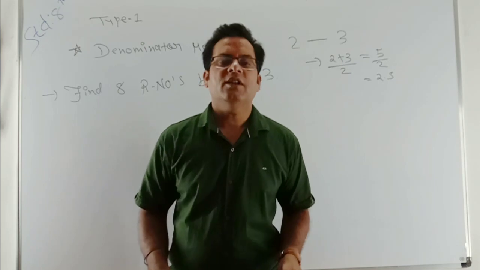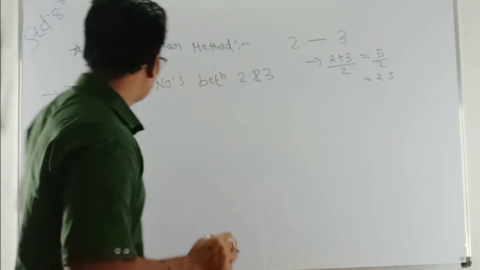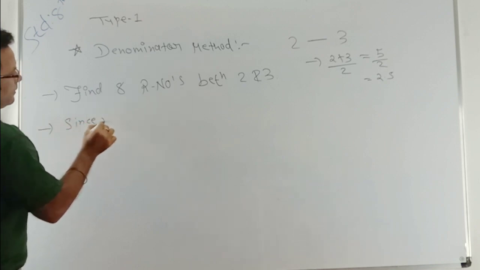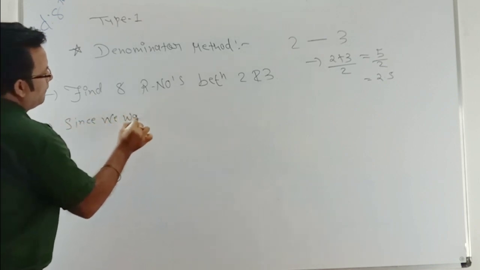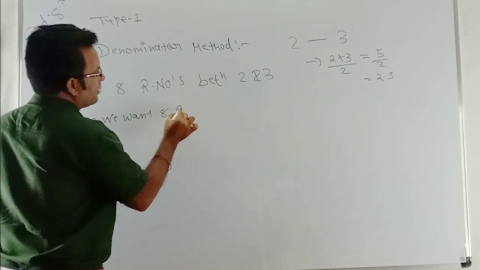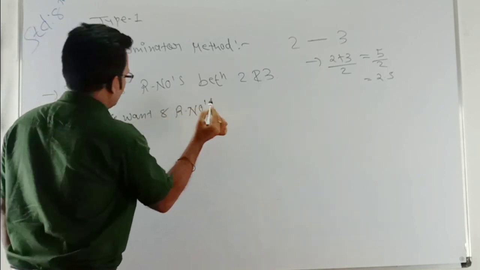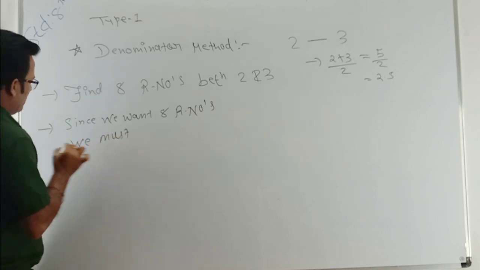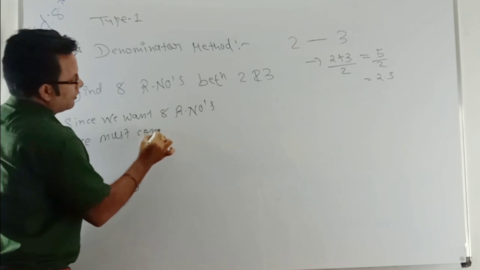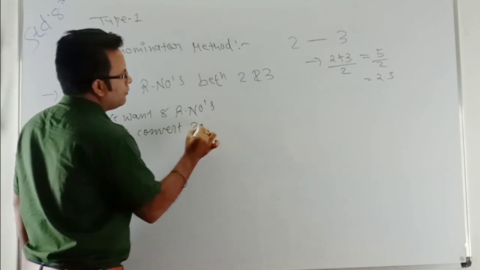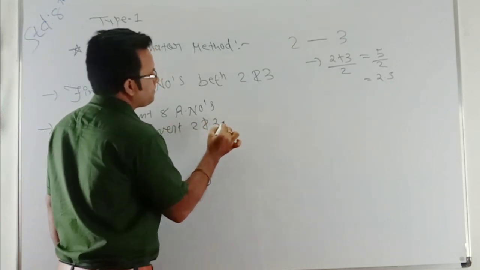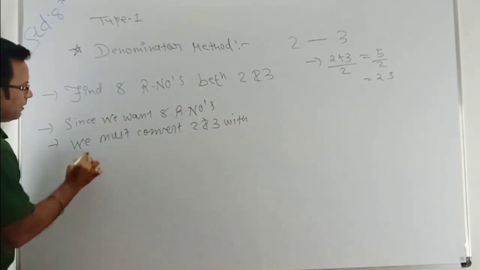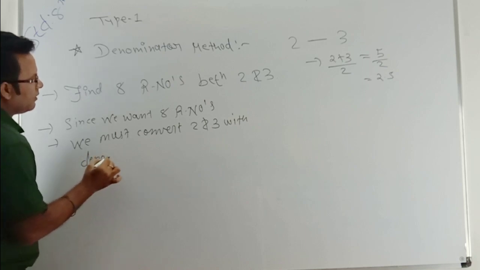In denominator method, what we have to do? Since we want 8 rational numbers, we must convert 2 and 3 with a denominator.